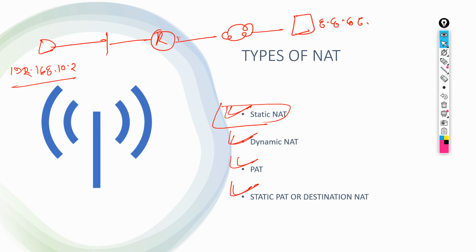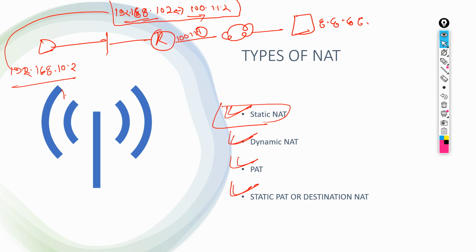Let's suppose I'm having 100.1.1.1. By using a router or a firewall, I can map this private IP address 192.168.10.2 with 100.1.1.2 or 3, or even we can map with the 1 also. So whatever IP pool you receive from your ISP, you merge 1 to 1. One private IP we can merge with one public IP.